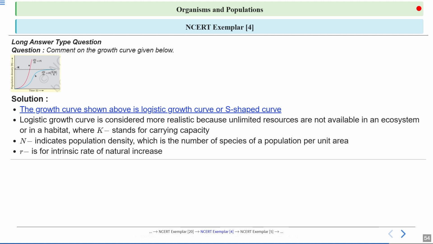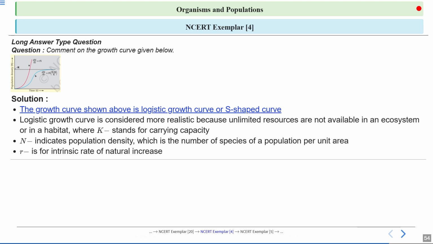Now r stands for the intrinsic rate of natural increase. Clear? This is like the speed at which a population can grow under ideal conditions, meaning when there are no limits.